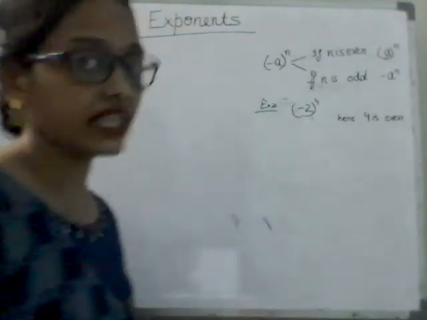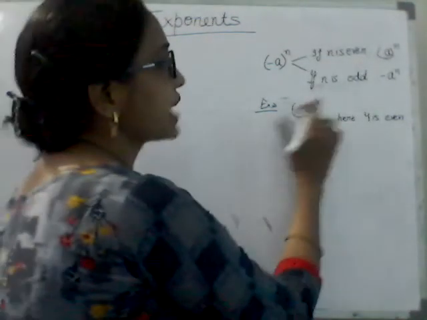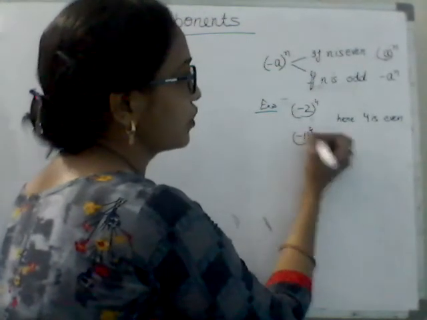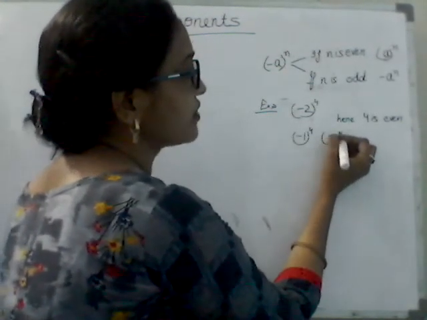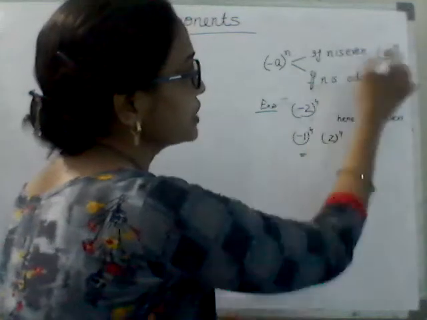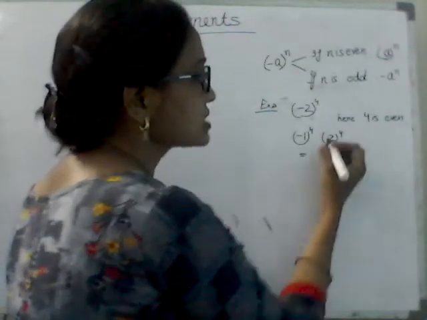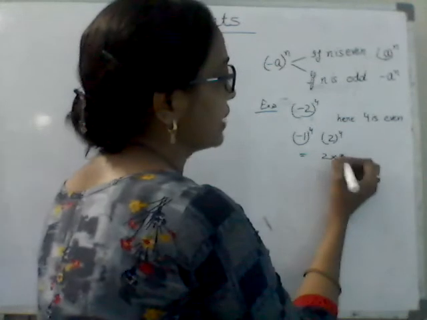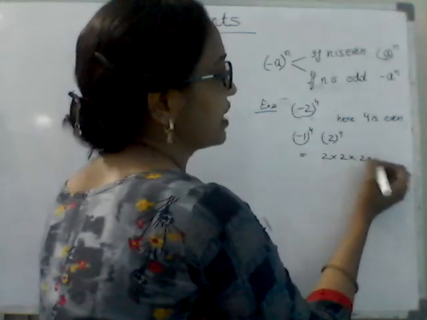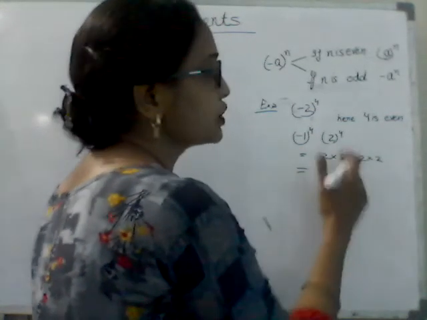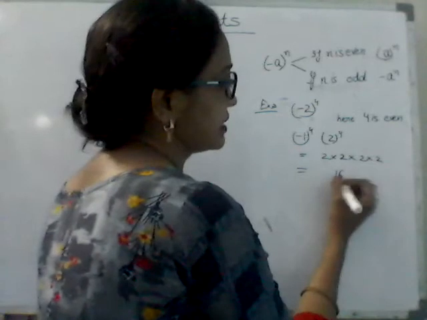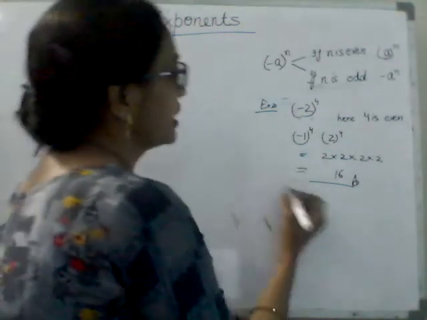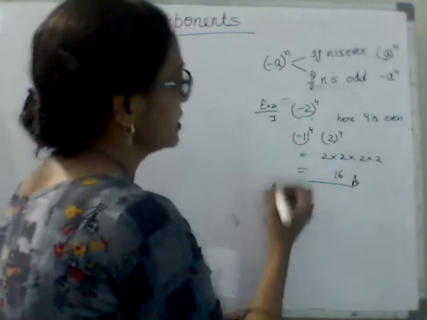If 4 is an even number, that means (-1) to the power 4 and 2 to the power 4. (-1) to the power 4 means plus, and 2 to the power 4 is 2 multiplied by 2 multiplied by 2 multiplied by 2: 2, 4, 8, 16. We get the answer 16.